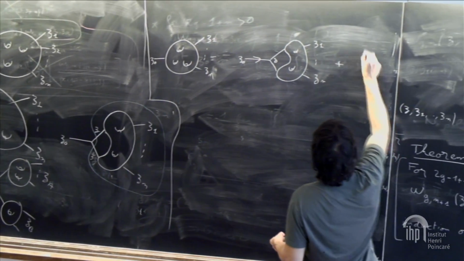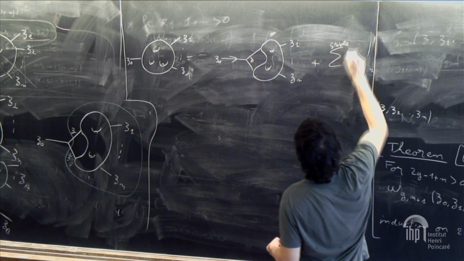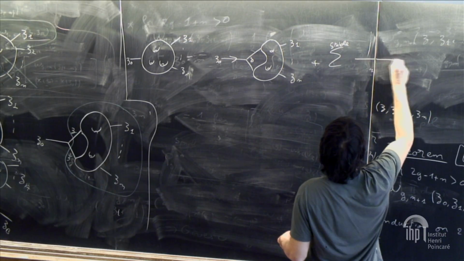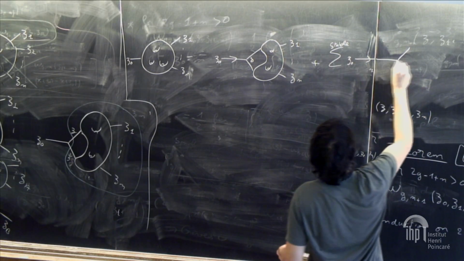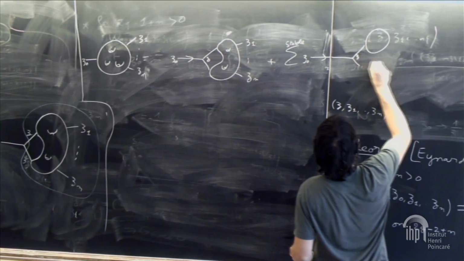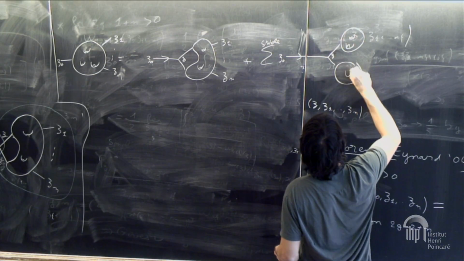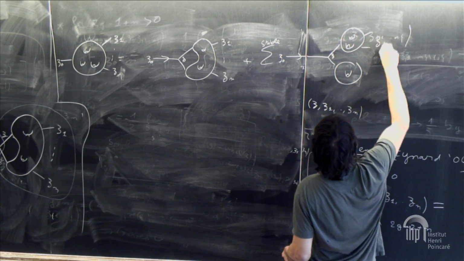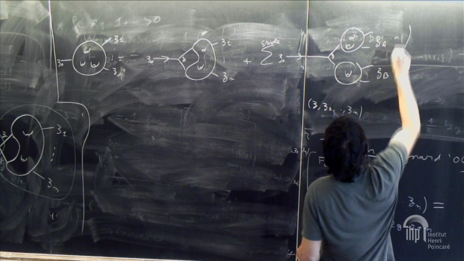Plus, and you make the sum over stable ones of the same thing. So you've got your trivalent vertex going from Z0 to Z. And here you make your CA, CB.